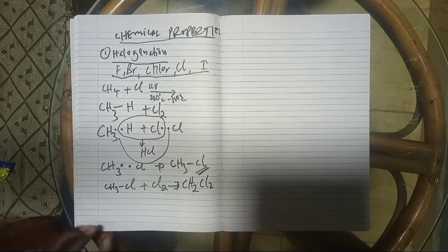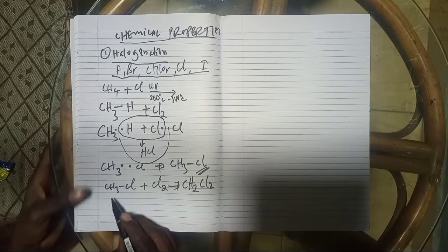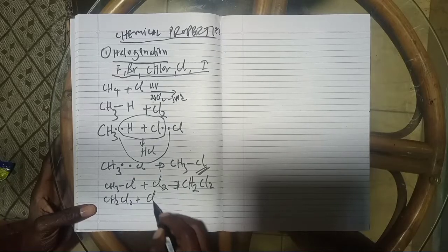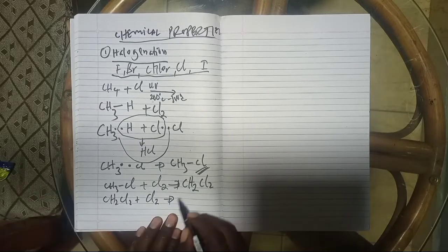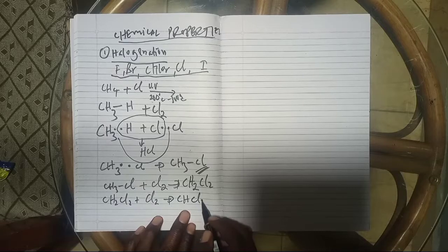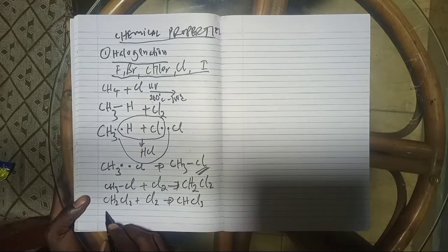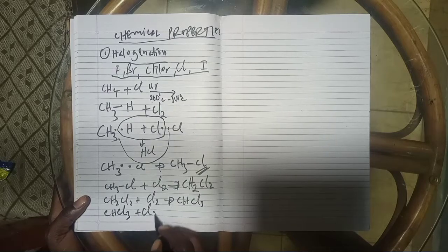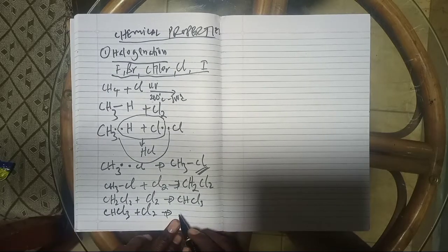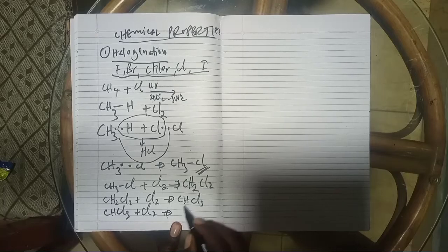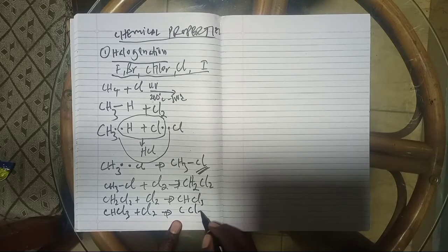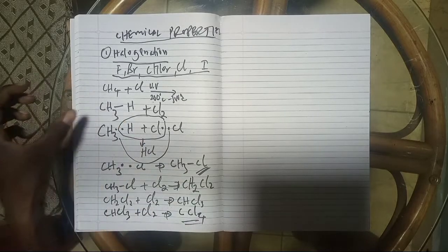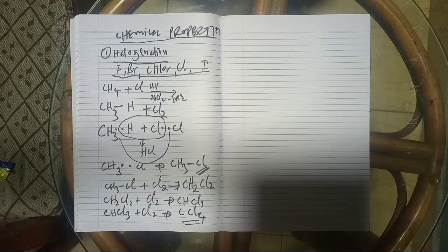You keep on substituting this chlorine until at the end of the day, CHCl3 plus chlorine to produce carbon tetrachloride, that is CCl4. This is carbon tetrachloride.